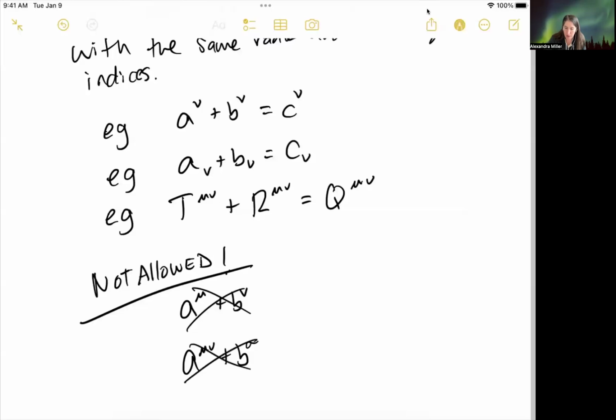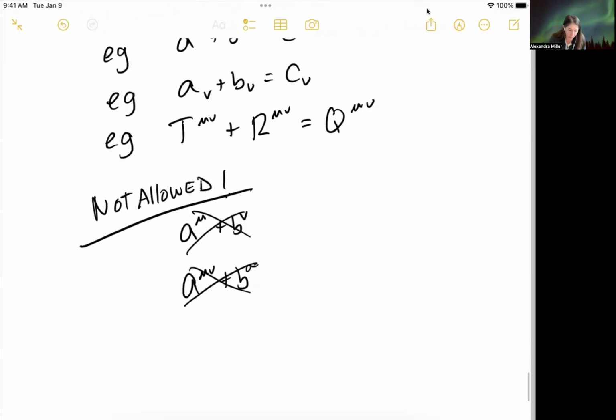That's like adding a matrix to a vector and the indices don't match, so this is bad in all sorts of ways. We can't do A mu plus B mu either. This doesn't make any sense where one of the indices is upstairs and the other is downstairs. So those are all things that are not going to be allowed. As we do more examples of these things, hopefully it'll become clear.